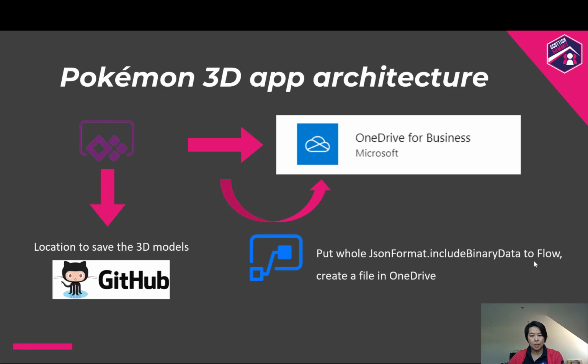In Flow, I use the create file action from OneDrive and save this image into my OneDrive. So this is how you can get the image that you have created with the camera feature and save it somewhere.